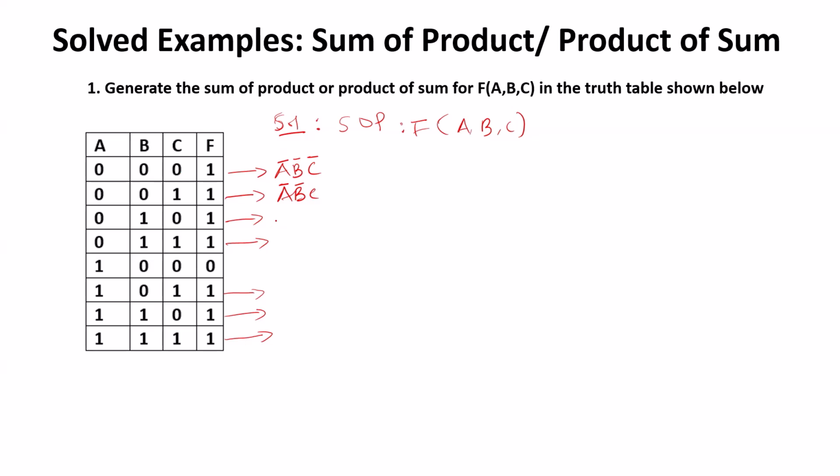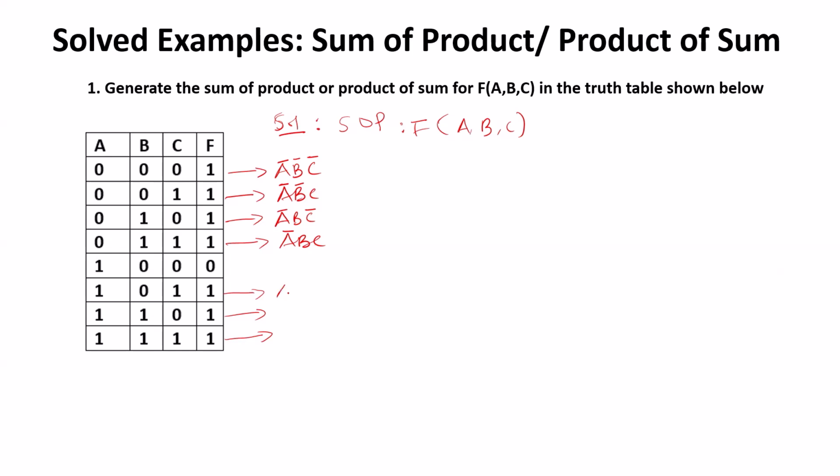For the next one, A is 0, we have A bar, B is 1, it remains, C is 0, we have C bar. The next one: A is 0, we have A bar, B is 1, it remains, C is 1, it remains.